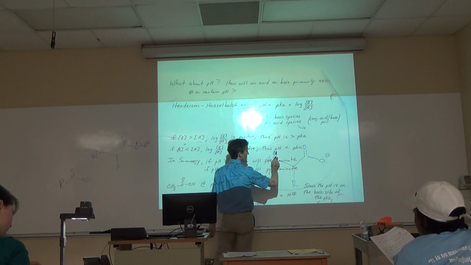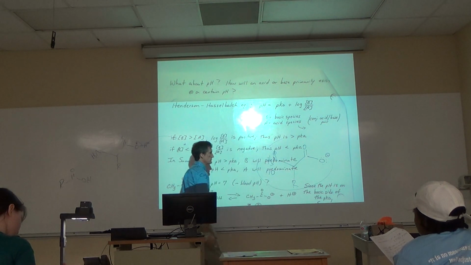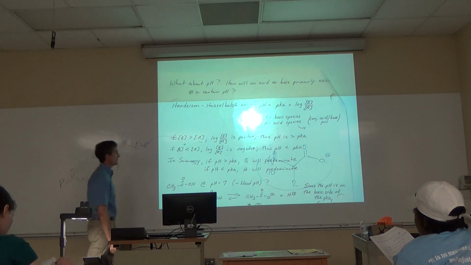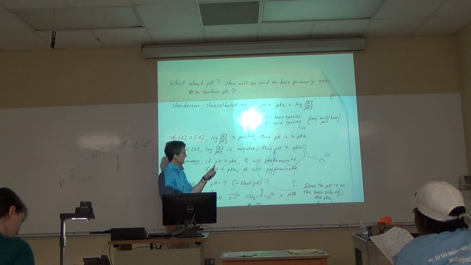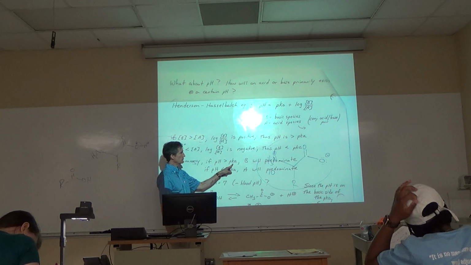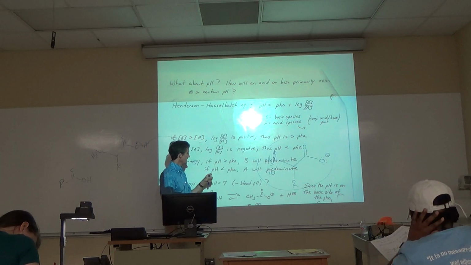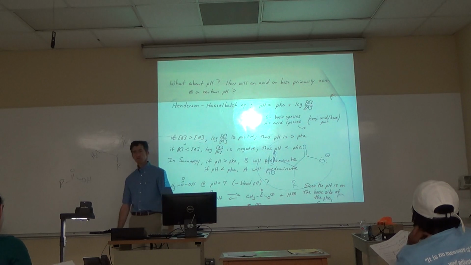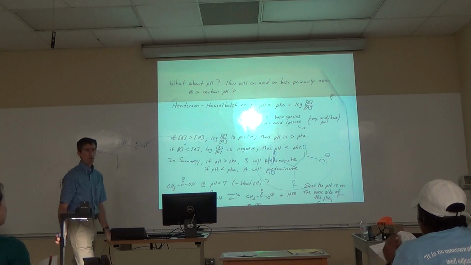Thus pH will have to be less than pKa. Summary though, look at it sort of twisted around. If pH is greater than pKa, which will predominate? B. If pH is less than pKa, which will predominate? A. It all just comes from the numbers.